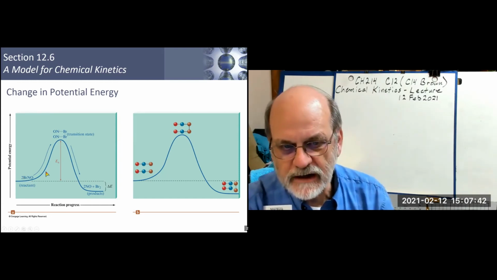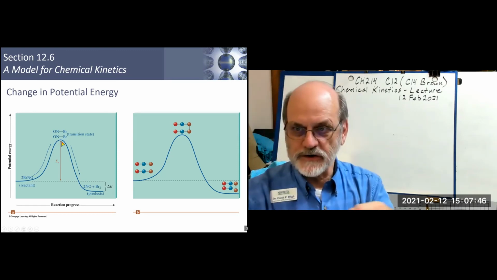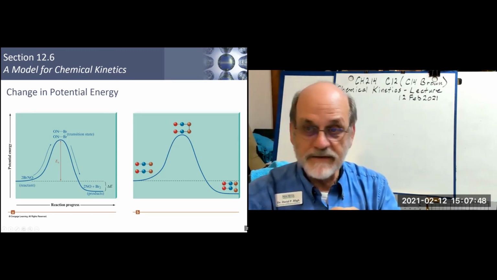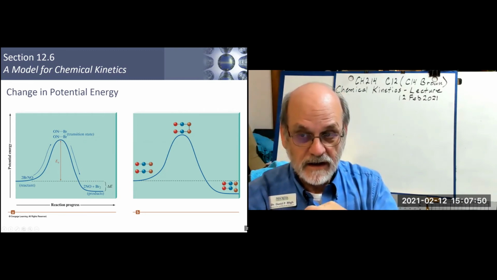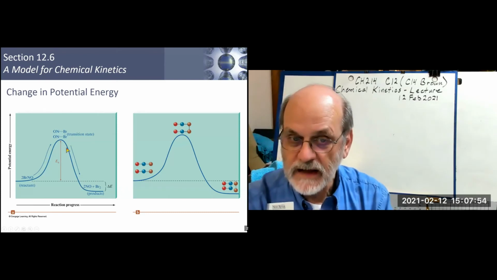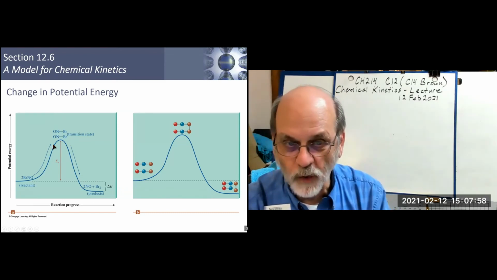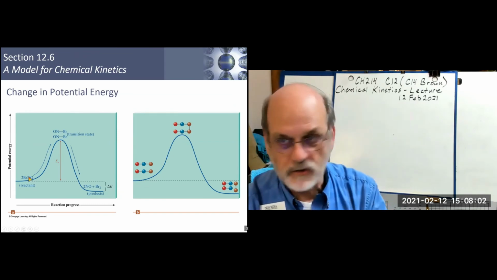Energy is accumulated by the transition state. They reach a certain transition state. If they have enough energy, then they'll proceed over the hump to complete the reaction. If they don't have enough energy, the transition state doesn't completely form. Say here, it'll roll back down the hill. Reaction will not occur.